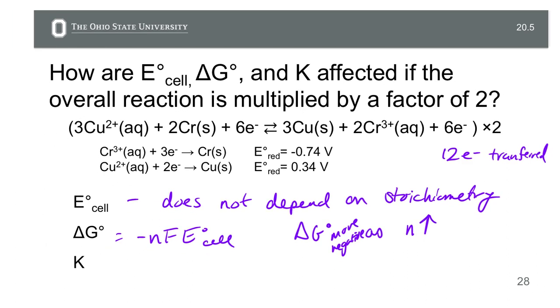Same with K, our equilibrium constant. You can look at this in two ways. Using the Nernst equation, if we multiply both sides of this equation by n, n times the cell potential equals 0.0592 log of K. If n increases, K has to increase.